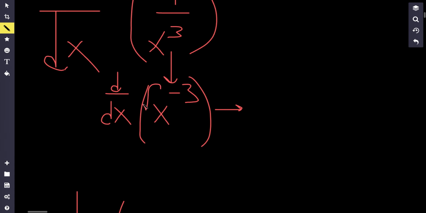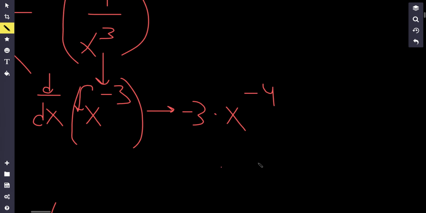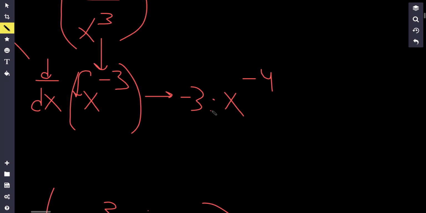You bring down the exponent, so it's just going to be negative 3 times x, and you subtract 1 from the exponent. Negative 3 minus 1 just gives you negative 4. So the derivative of this is just going to be negative 3 times x to the negative 4 power, or you can rewrite it as negative 3 divided by x to the 4th power, because once again, you just bring the exponent down due to negative exponent properties, and you get this.